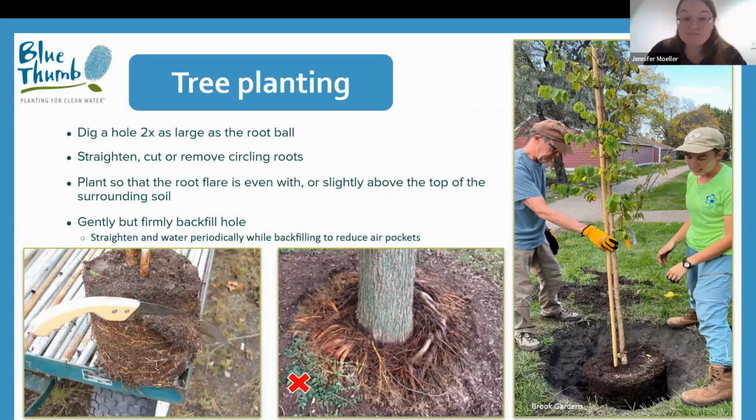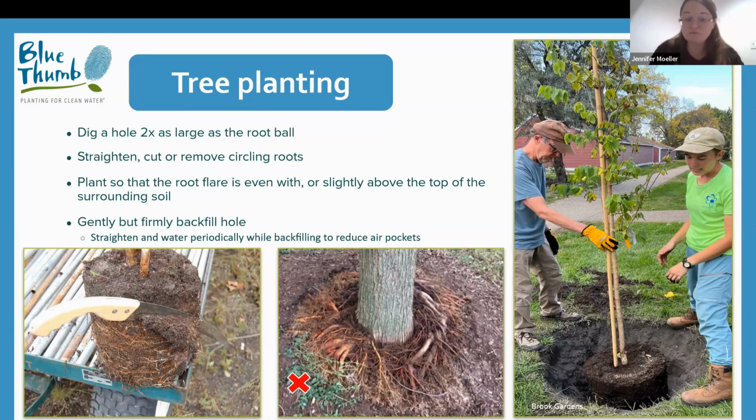When you go about planting trees, the biggest thing is to make sure you are cutting the roots so that you don't have those girdling roots over time. Dig a hole that's twice as big as the root ball so they have plenty of room to grow. Then plant so that wherever your soil line was in that pot meets where the ground comes in.